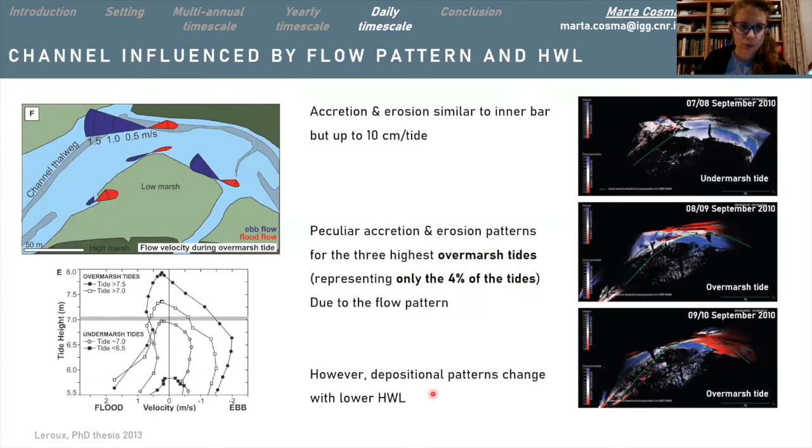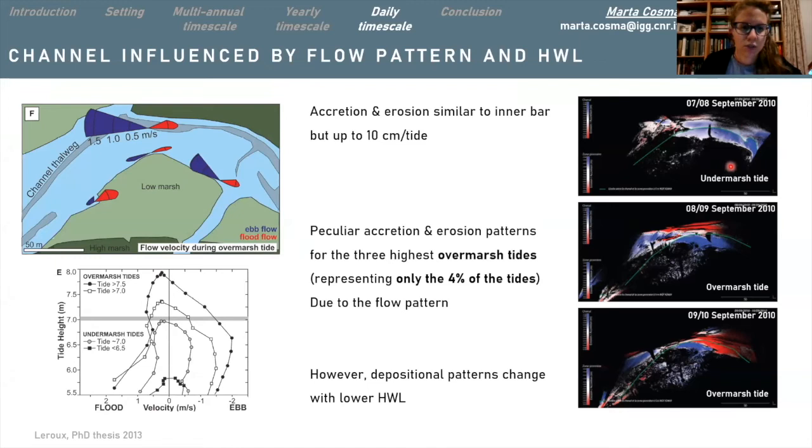So the depositional pattern changes with the lower high water level. Here you can see again the overmarsh tide between different days in September, and just the day before, when an undermarsh tide occurred, we have a really depositional pattern in the apex zone and toward the landward part of the meander.